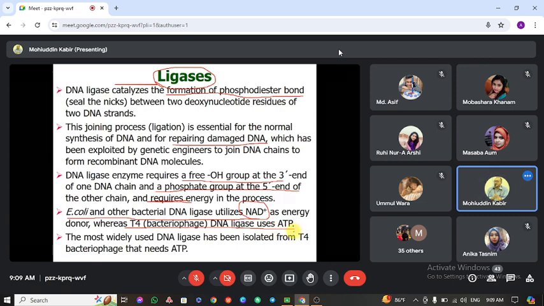Now, ATP is more stable than NAD because this is the oxidized form of nicotinamide adenine dinucleotide. So this oxidized form is easily reduced in the solution. Therefore, it is very hard to work with it. Therefore, T4 DNA ligase is preferred and mainly used in the cloning experiments.